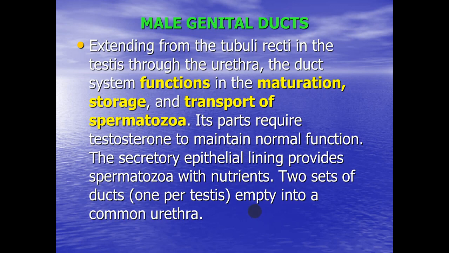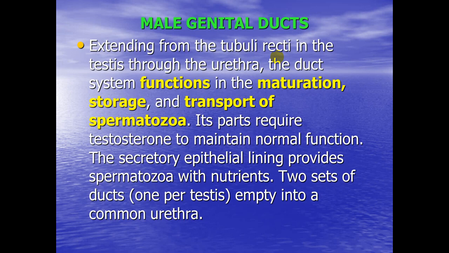Now some words about the male genital ducts. This is the system of tubules which helps the sperm cell to reach the ejaculatory duct. These genital ducts develop from the mesonephric duct, branches of the mesonephric duct.